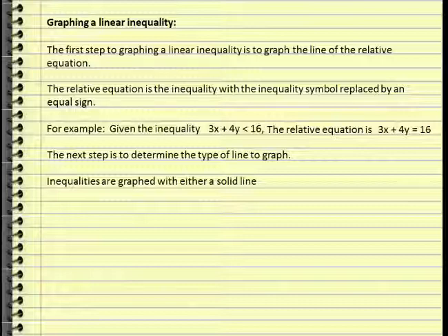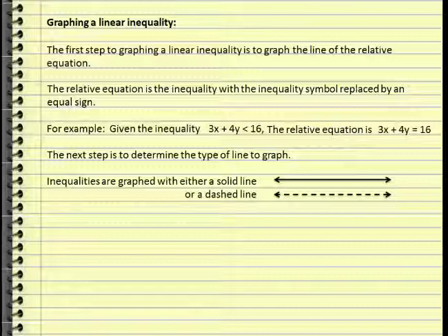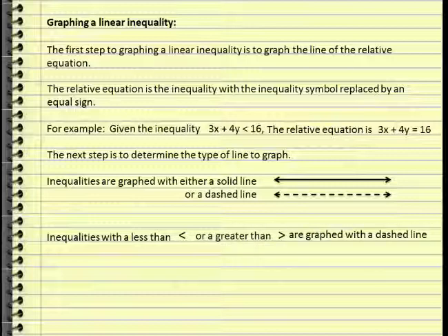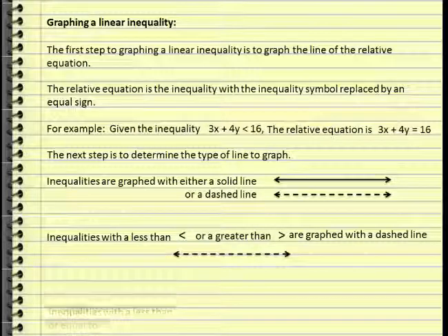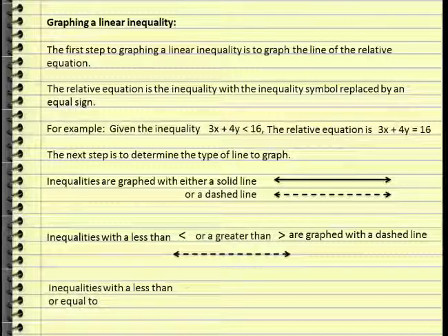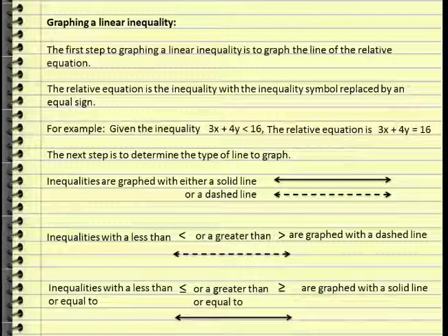Inequalities are graphed with a solid line like this or a dashed line like this. If you have a less than or a greater than only, you graph with a dashed line. If you have a less than or equal to or a greater than or equal to, then you graph with a solid line.